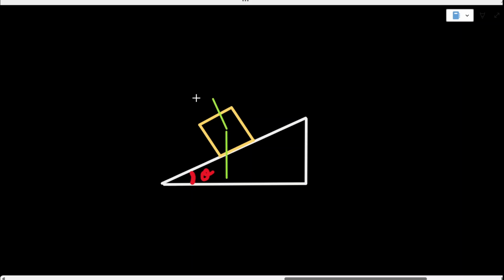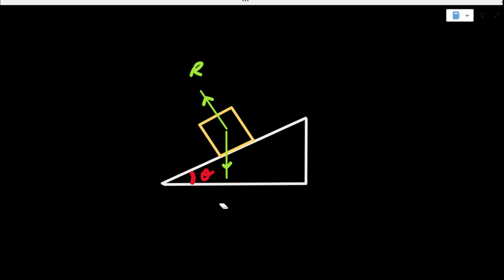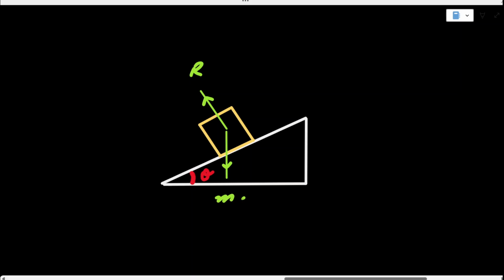This is what we call weight. Then the normal contact force would be here. So these two we have marked initially. This is the normal contact, and the one vertically downward is weight, or you can write it as mg.